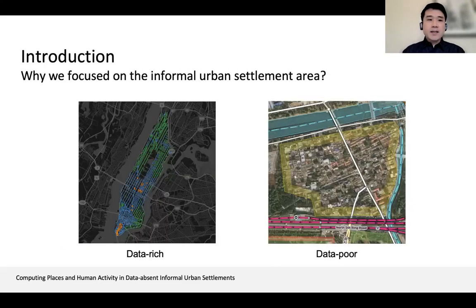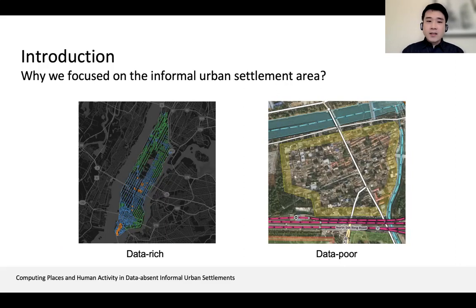At the beginning of the introduction, we would like to talk about why we want to focus on the informal urban settlement area. On your left is a screenshot of a figure from one of the proceedings I published at PerCom 2 years ago, which uses open data sources to quantify different intersections in Manhattan, New York.